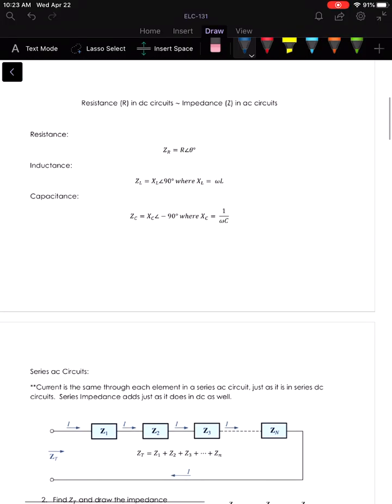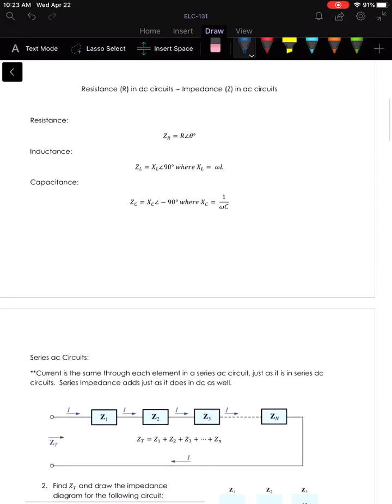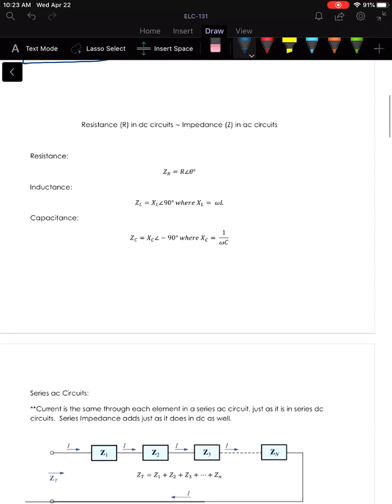Well, we're going to talk about impedance now. So far we have talked about reactance, and reactance, remember, for a resistor, that's just R ohms. For an inductor, 2 pi f times L gives you the reactance, and the units are ohms.